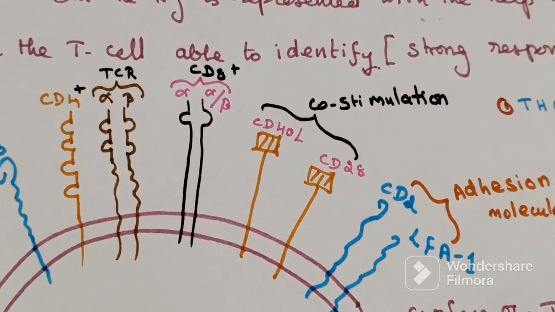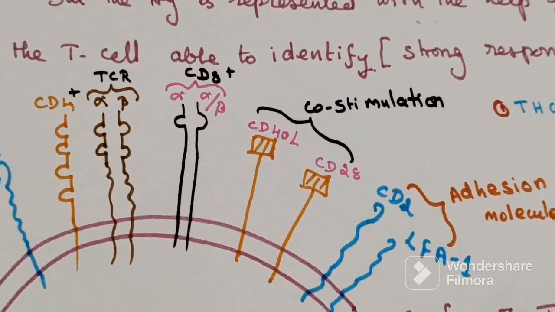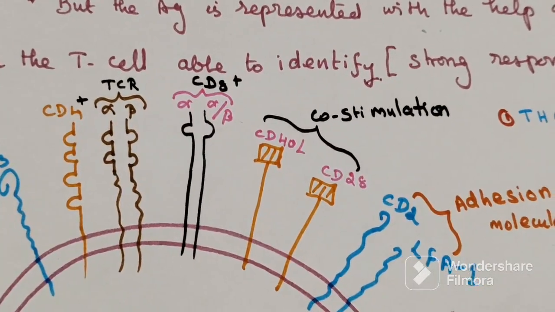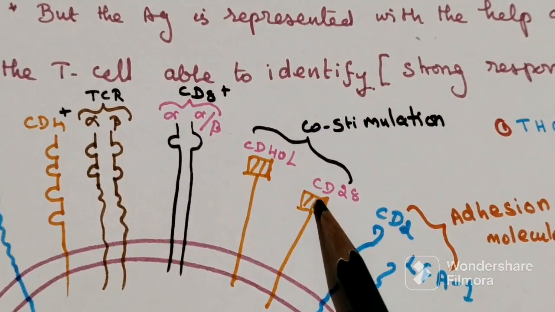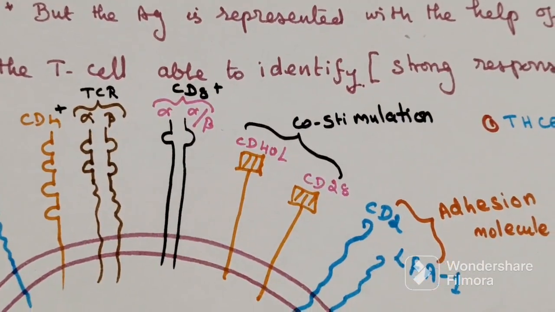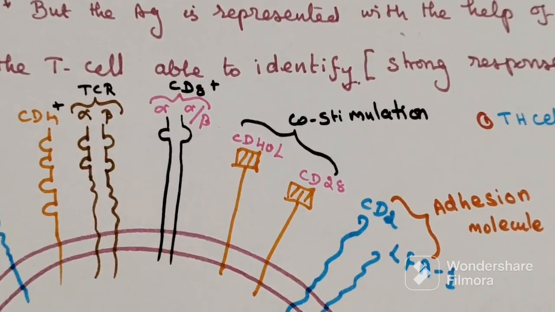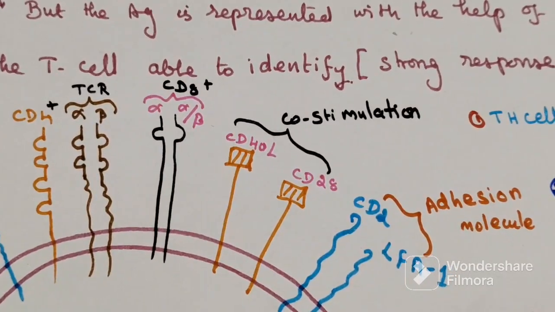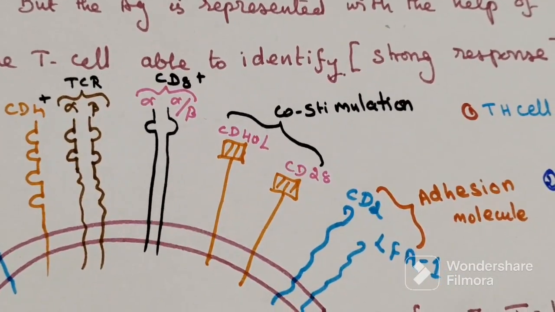The first co-stimulator is CD40L, the second is CD28. These two surface molecules help in the co-stimulation process.